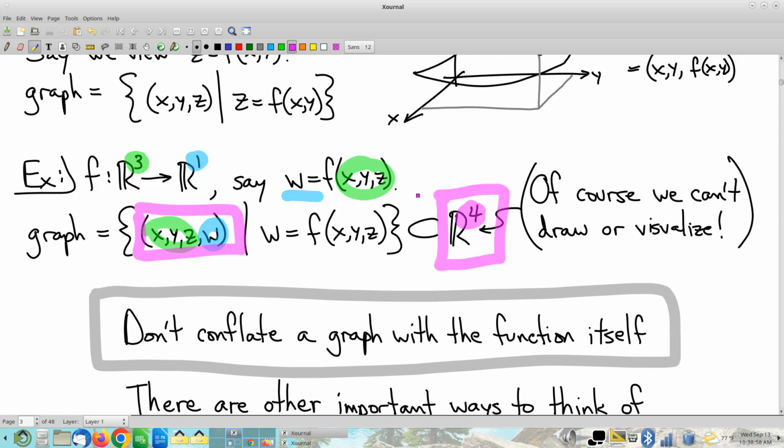And I can't even fake that. Right? We cannot draw in R4. Graphs are a problem. They are something that we're extremely accustomed to. So accustomed to graphs, we almost take it for granted that that's what a function is, right?